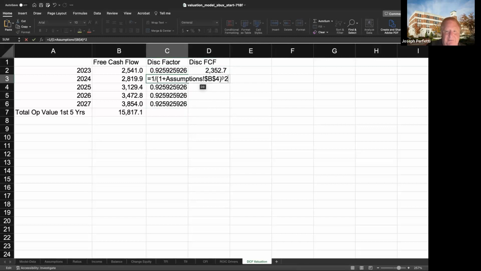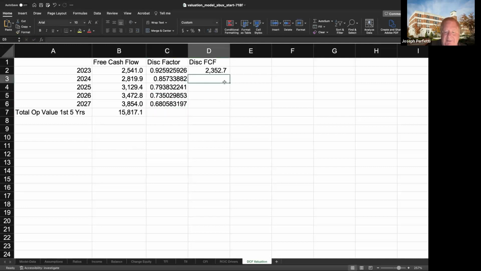So shift 6, 2. In the third year, it's 1 divided by 1 plus R to the third power. So shift 6, 3. In the fourth year, it's 1 divided by 1 plus R to the fourth power, shift 6, 4. And in the fifth year, it's 1 divided by 1 plus R to the fifth power, so shift 6, 5.